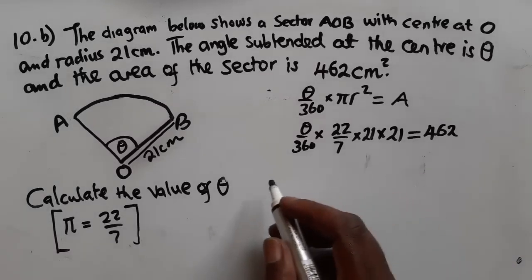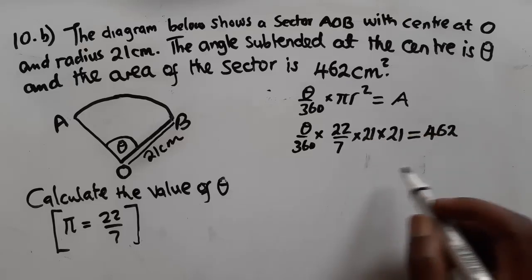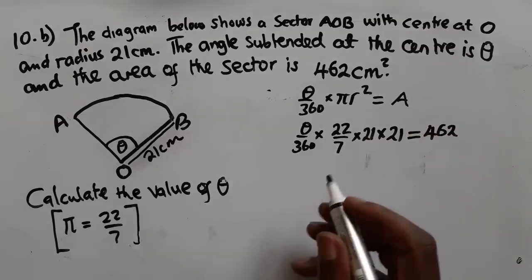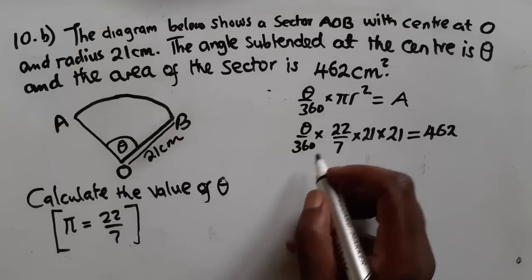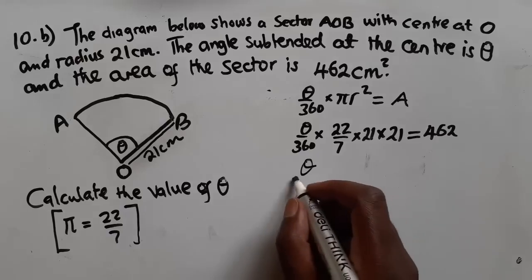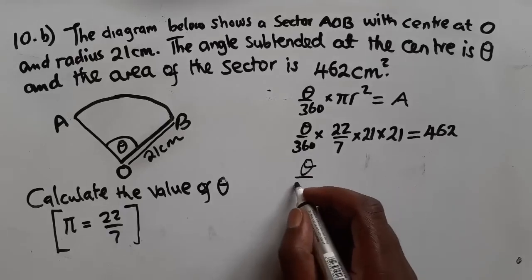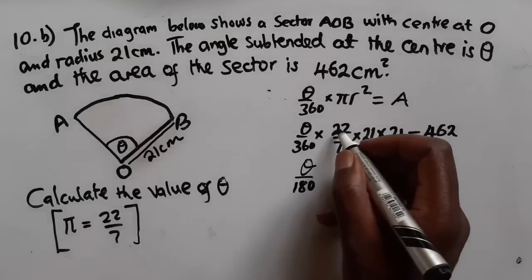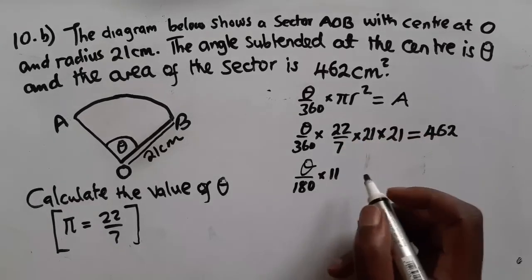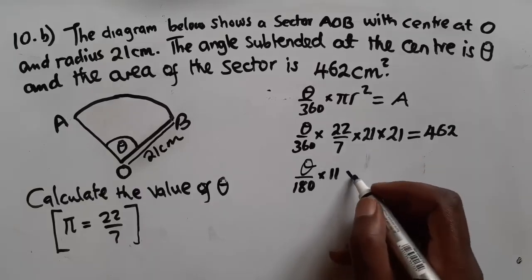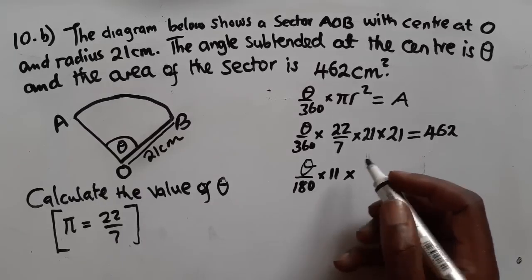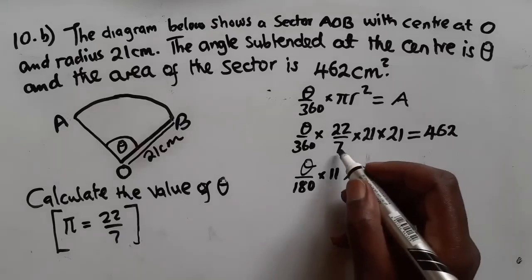At this point now we can begin to simplify. Remember, this is paper 1 where you do not have a calculator. So now we say 2 into 360, it's 180. 2 into 22, it will be 11. 7 into 7, it's 1. So there will be 1 here, which becomes irrelevant.